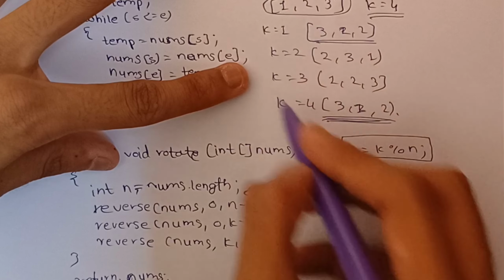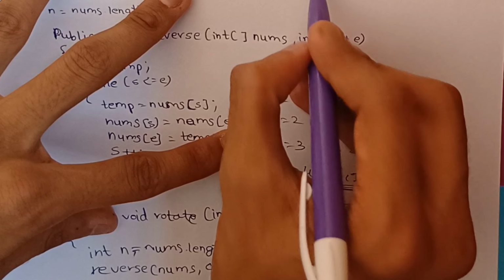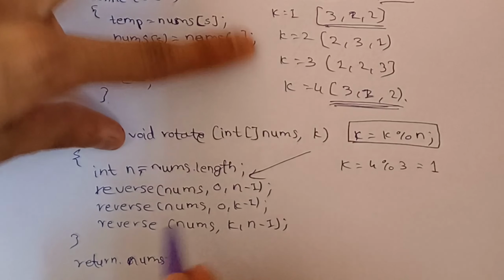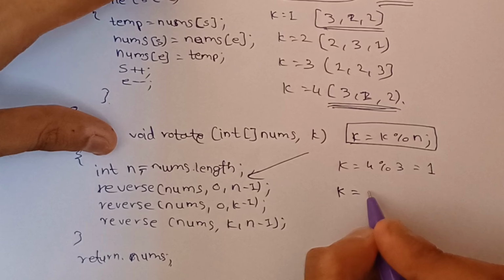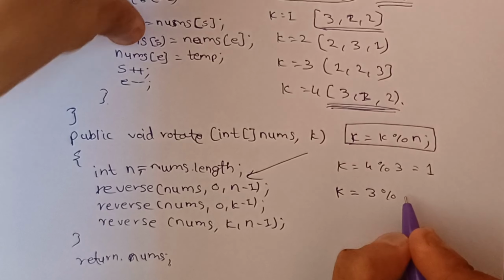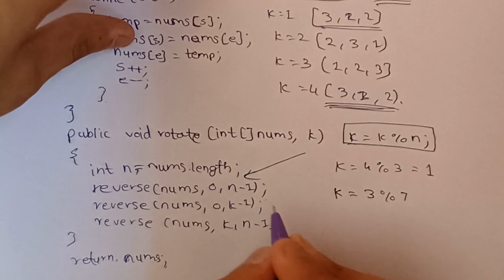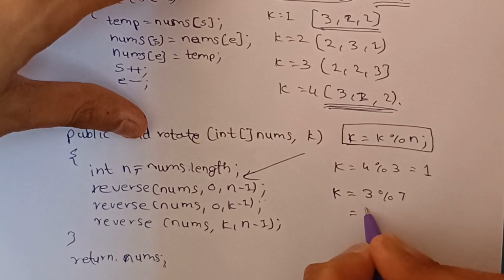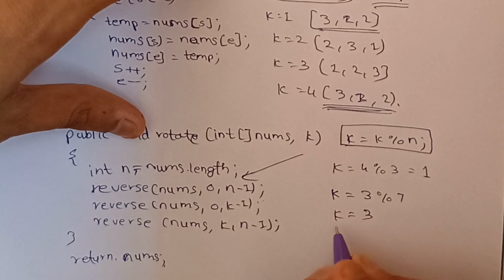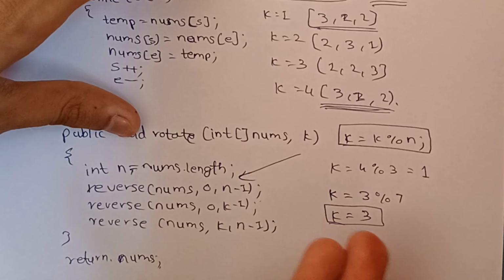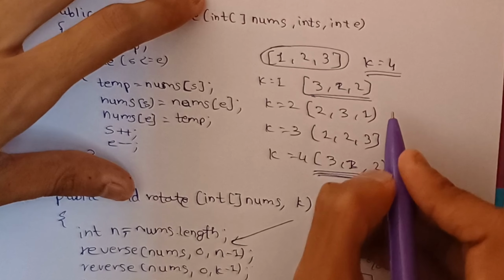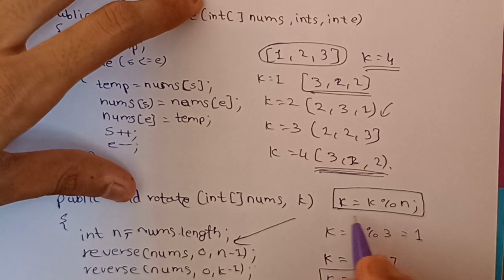In the regular case, k is 3 and the length is 7, so k remains 3 and there is no chance of wrong output.